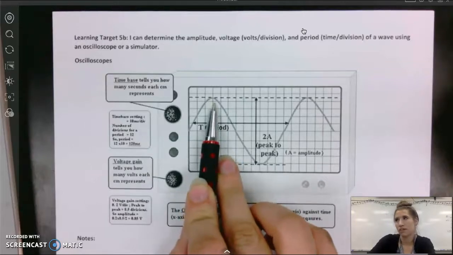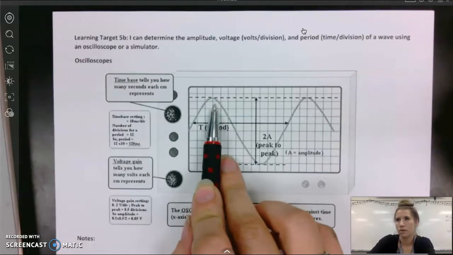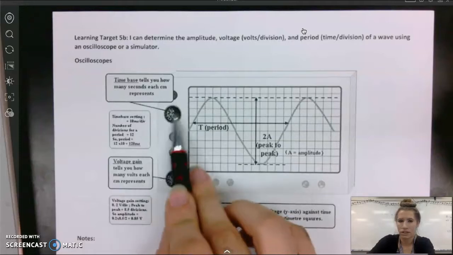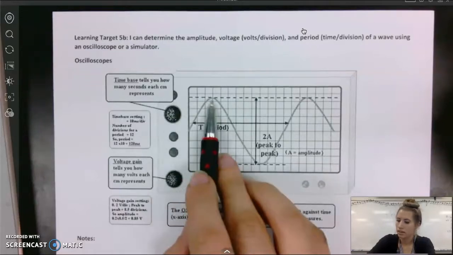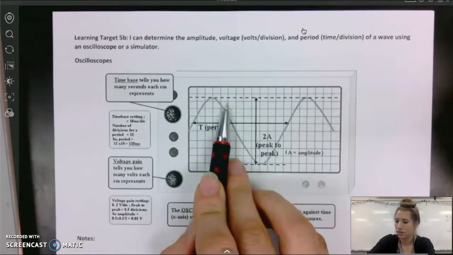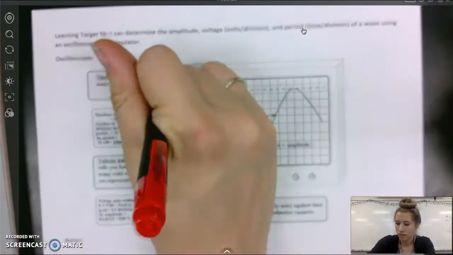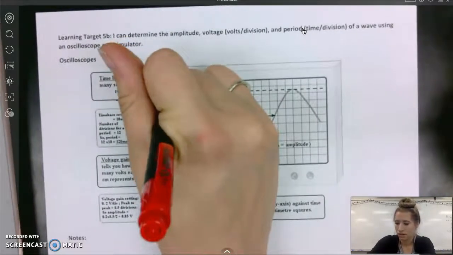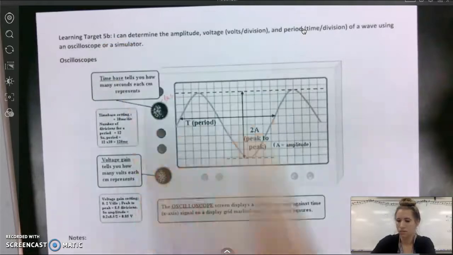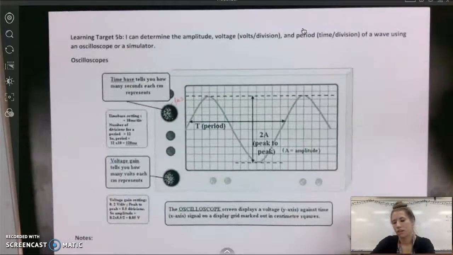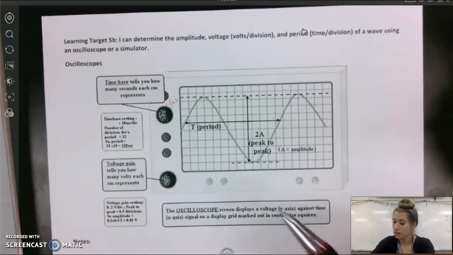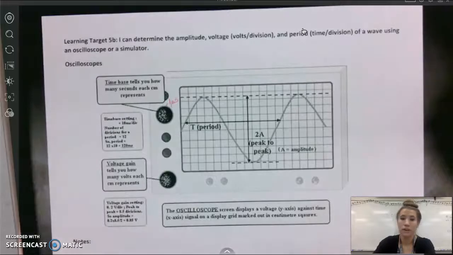Usually we see microseconds. Let's do 1 microsecond. So let's say this knob is telling us that each division, each square, is set at 1 microsecond.